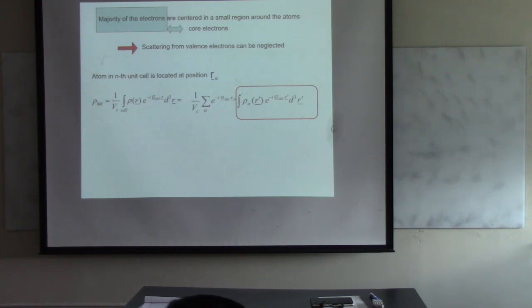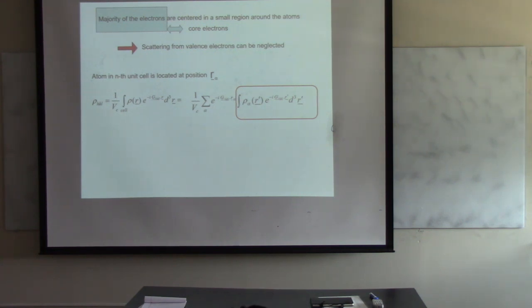R alpha is from here to that point where the electron has some charge. This part I write as r prime, right? If it's a point charge, r prime is 0, there's nothing, but I can write r as r alpha plus r prime.